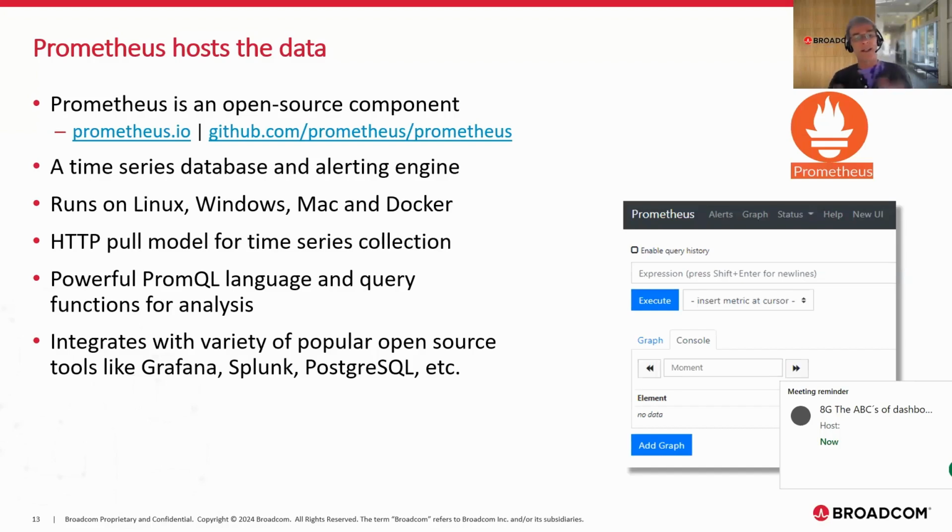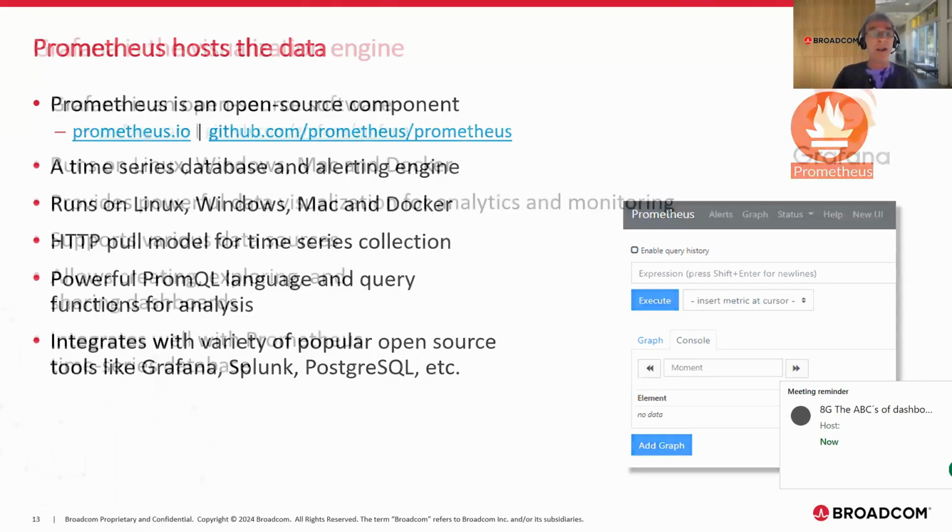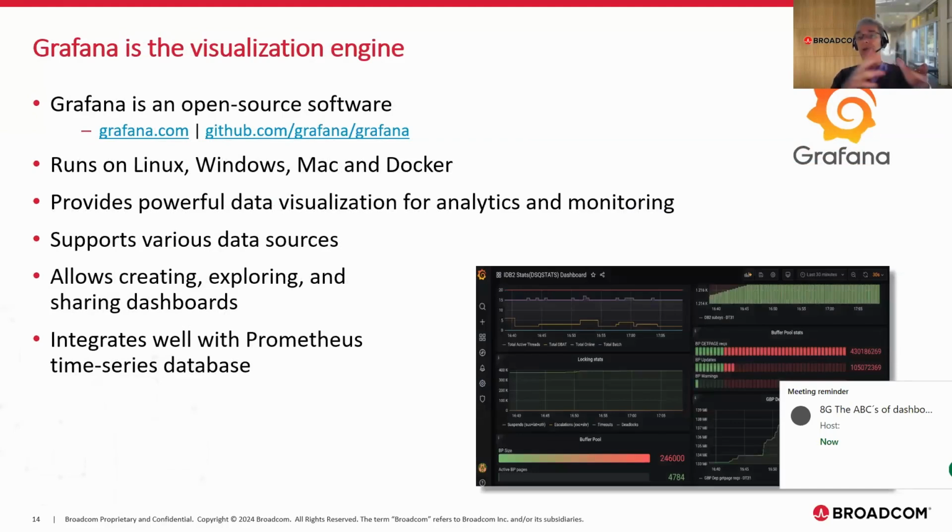And the beauty of it is it integrates with a whole bunch of open source tools. And one of them I'm going to highlight here, that's Grafana. So Prometheus will be capturing the data and storing the data. And Grafana is the open source component that I use to visualize, to turn all those numbers into understandable graphs.